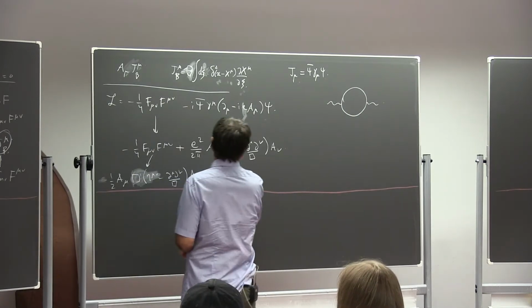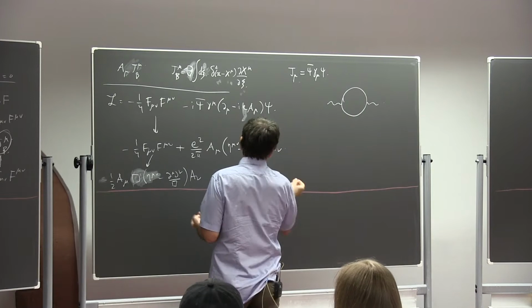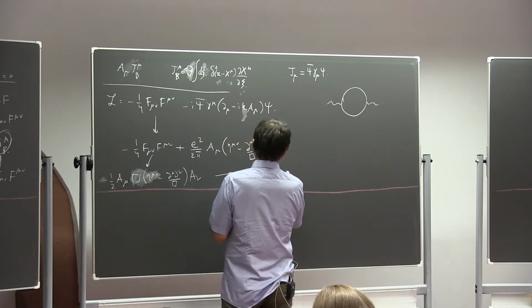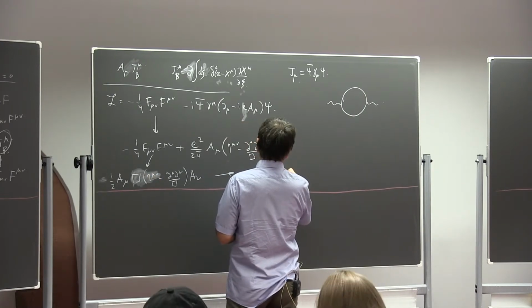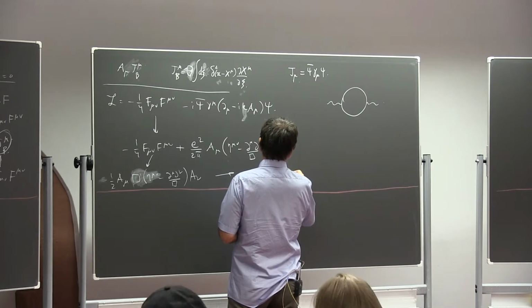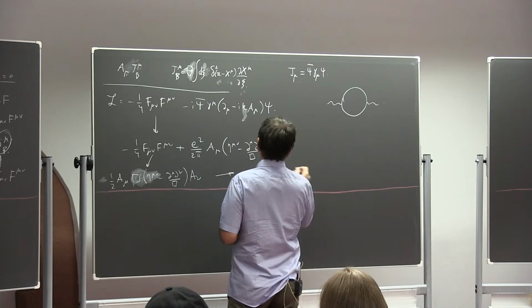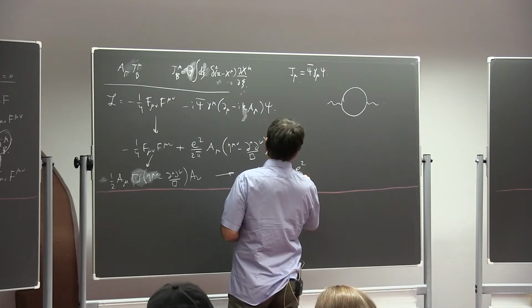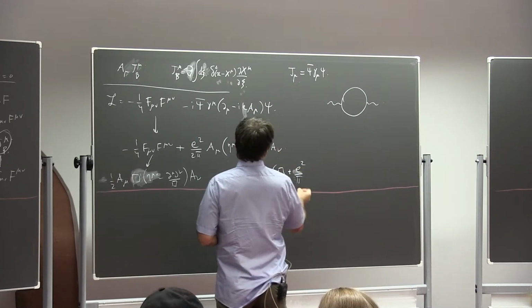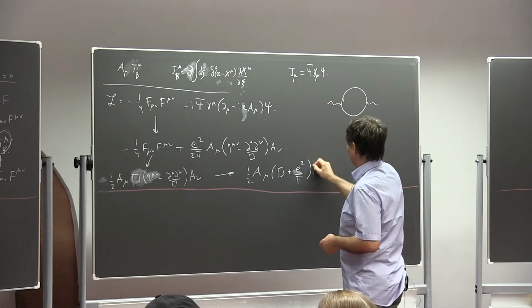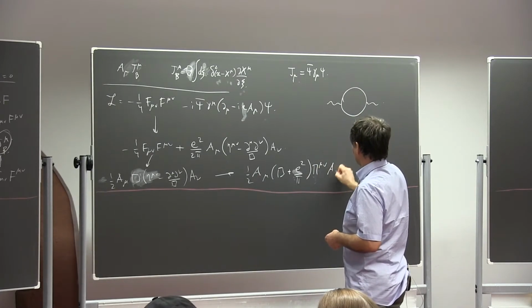Okay, this is this thing. So effectively the action looks like box plus m plus e squared over pi, p_nu A_nu. Okay.